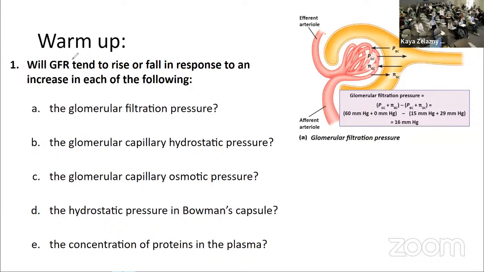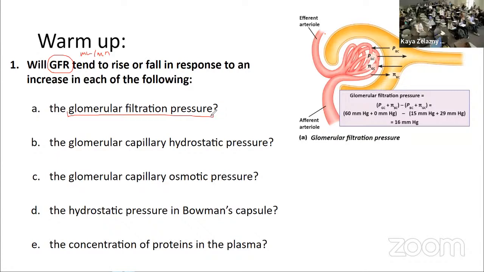Okay. So while we're thinking about the glomerular filtration rate, which would be in milliliters per minute, all of these questions pretty much are referring to factors that affect the glomerular filtration pressure.